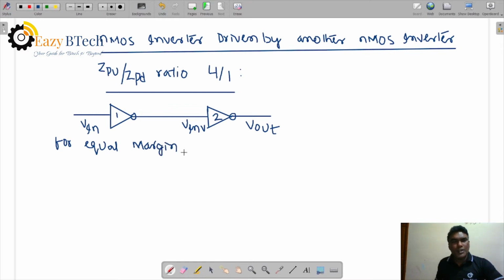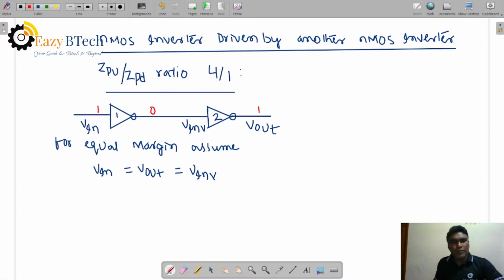Let us assume V in is equal to V out is equal to V inverter. So actually when you are applying V in equal to 1, output is 0, and output is equal to 1, so it will not be equal.